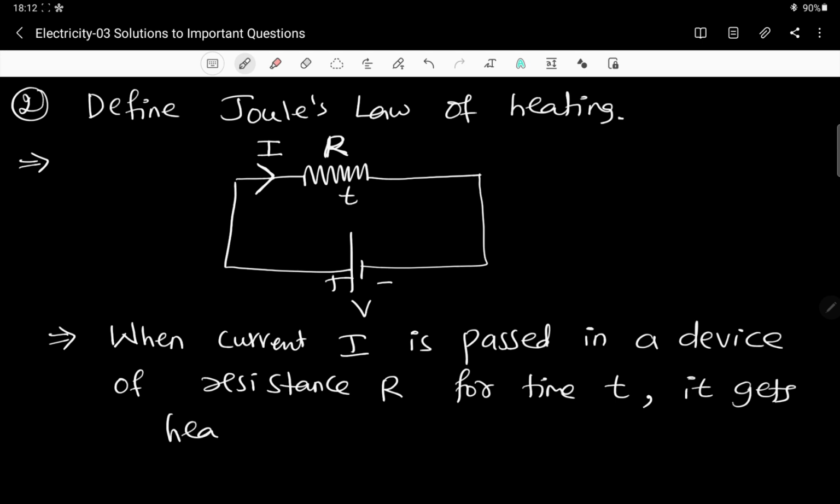Once again I am repeating. When current I, this is very important, is passed in a device of electric resistance R, this is also very important, for time t, it gets heated.